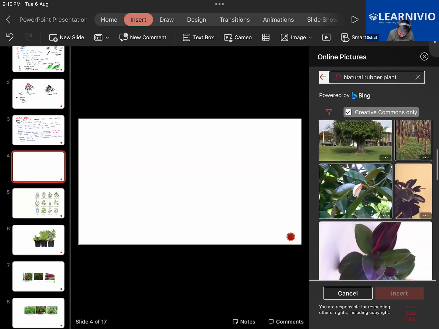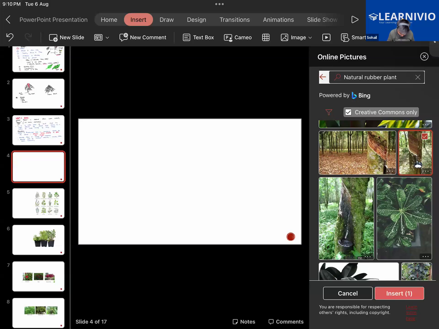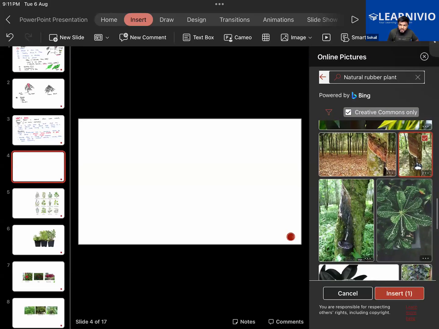This is what I'm actually referring to, this one over here, guys. Getting it? Wait till it loads. You can see the white milky liquid coming out of the bark of the tree. That is what the latex is.